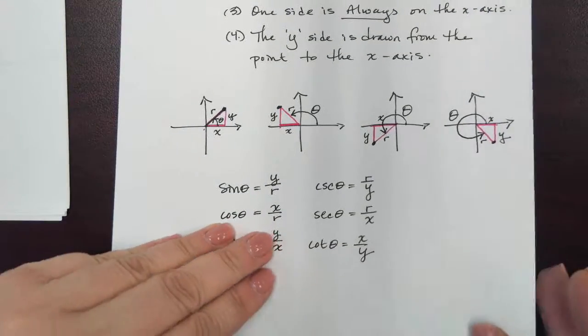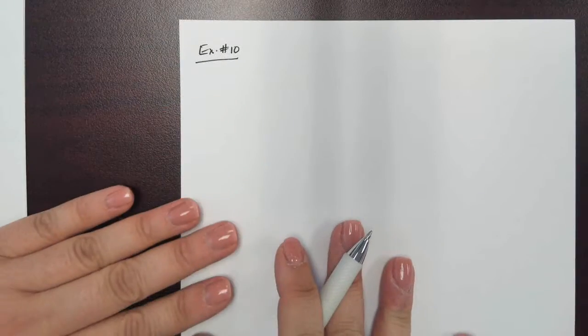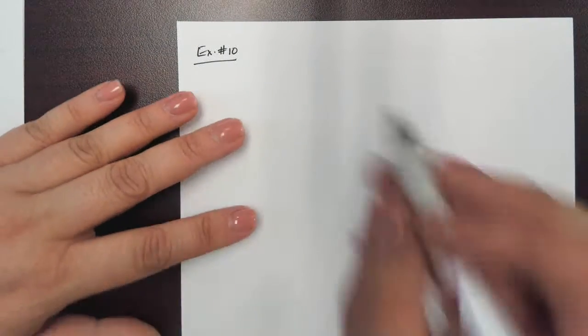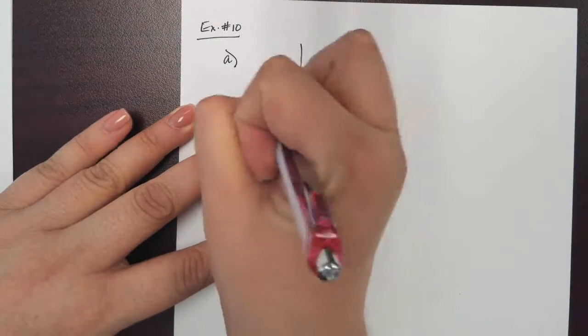Okay, let's look at an example. This is example number 10, and this has two parts. For part A, this is what they have drawn.